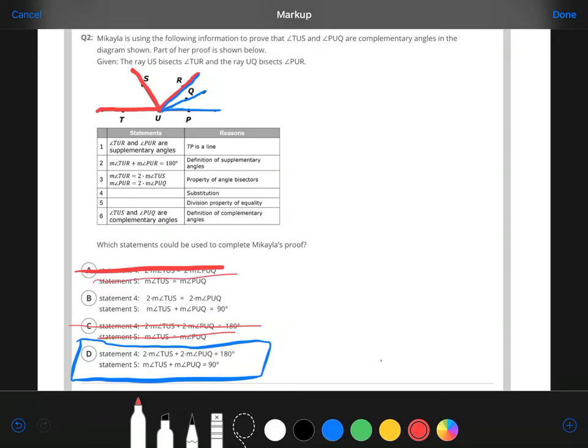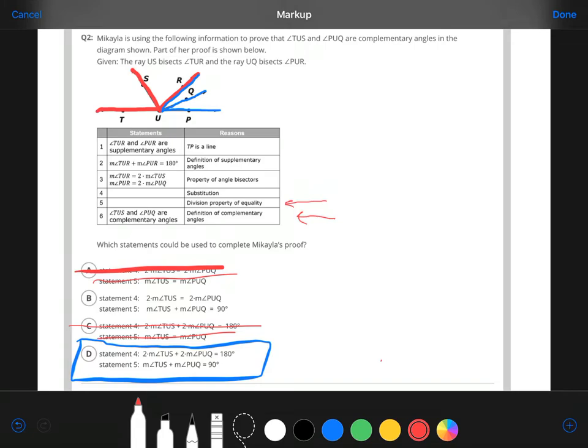Options B and D, at least statement 5 says that the two angles add up to 90. And then you can see in the proof that in line 6, immediately after that, they're using the definition of complementary angles to say that they're complementary. So really in statement 5, we need to say that the two angles add up to 90. So that leaves us between options B and D.